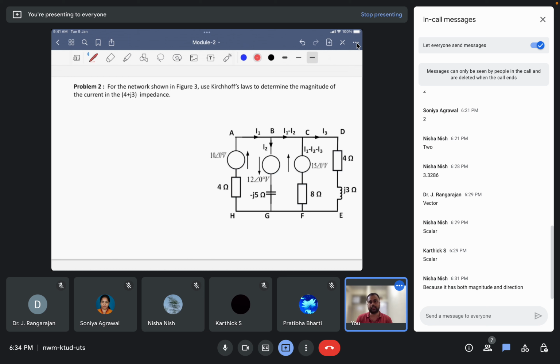The question is that we have to find the current through the 4 plus j3 impedance. So this is 4 and this is 3. So 4 plus j3, that is, we have to find current I3. Please try to solve this problem. I'll be waiting for a minute. Please solve this problem and try to answer it in the chat box.